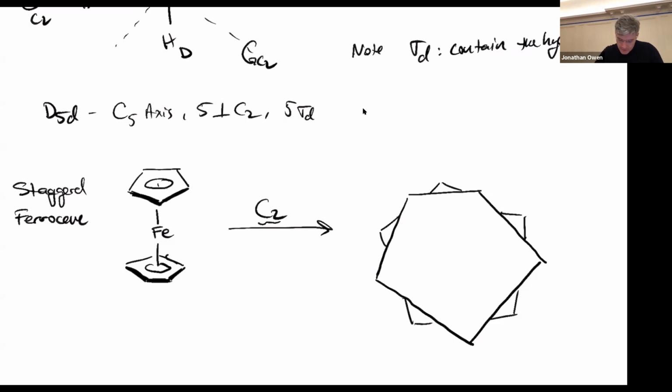Well, here's one of my sigma Ds. Iron is right there in the middle. Here's a sigma D. That plane of reflection sends the atom on the bottom left and bottom right and swaps them. So these two get swapped.